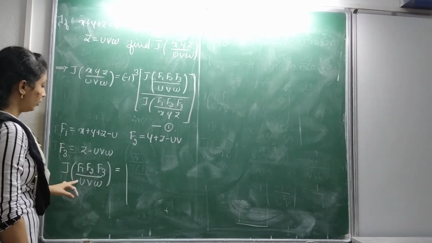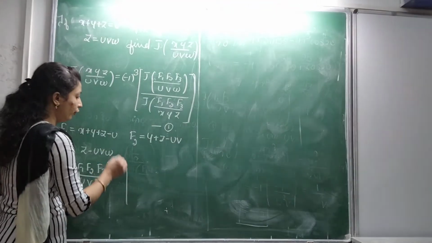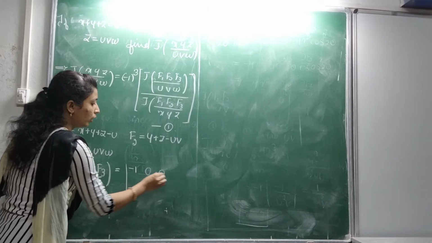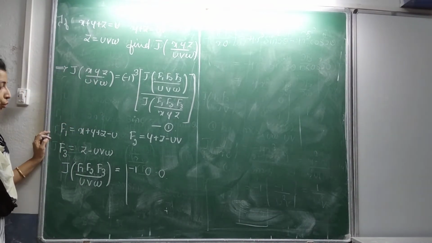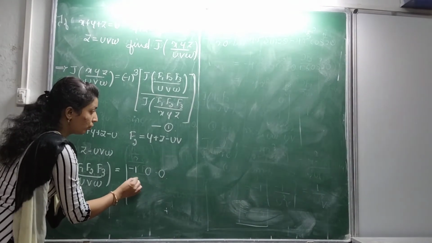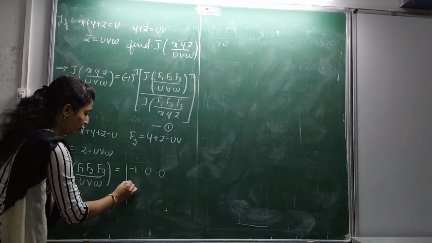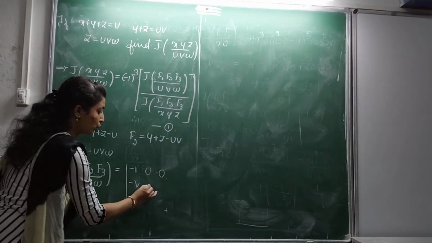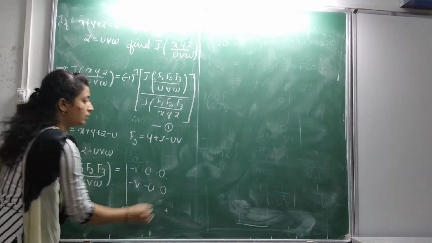For f1 with respect to u, v, w, here only the u term, that is -1, no v, no w terms. Next f2 with respect to u, v, w: with respect to u it is -v, with respect to v it is -u, and no w term, so it is 0.